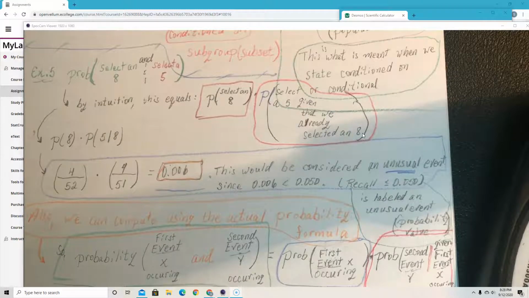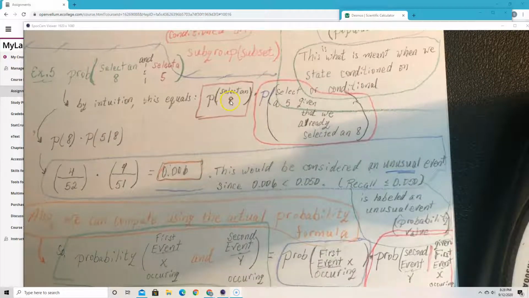Again, it doesn't mean that it's going to happen. It doesn't mean, oh, I did actually get an 8 on the first card and then a 5 on the second card. Wow, that's incredible. Well, that would be incredible because it almost never will happen. If they're asking, is this very likely to happen, we would say no. But that's not what they're asking.